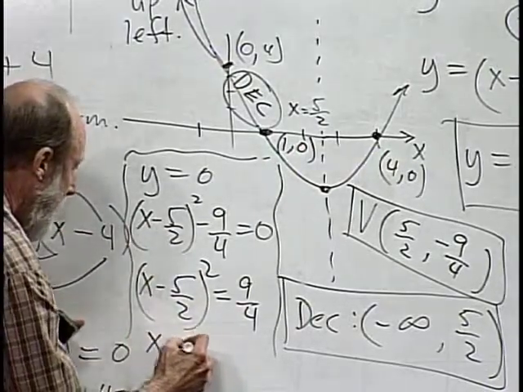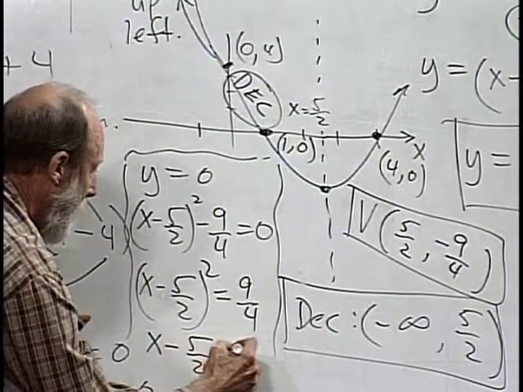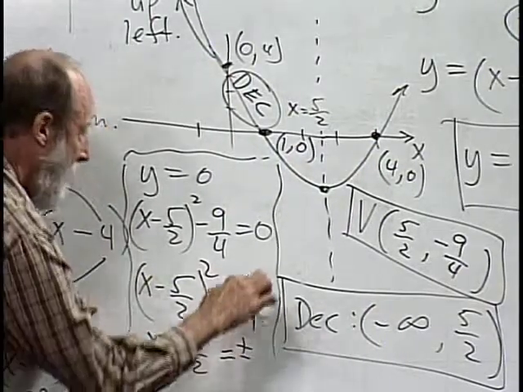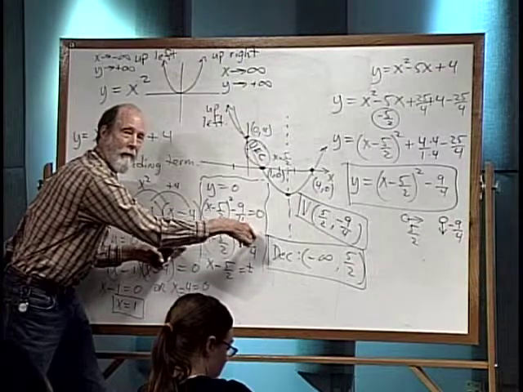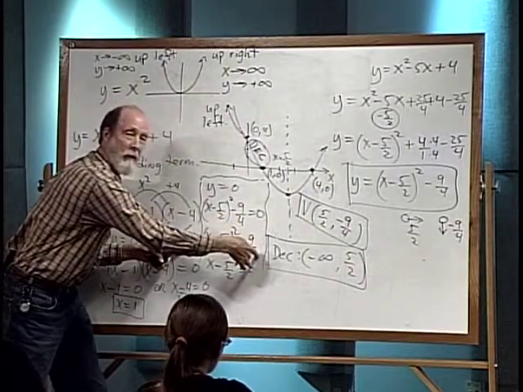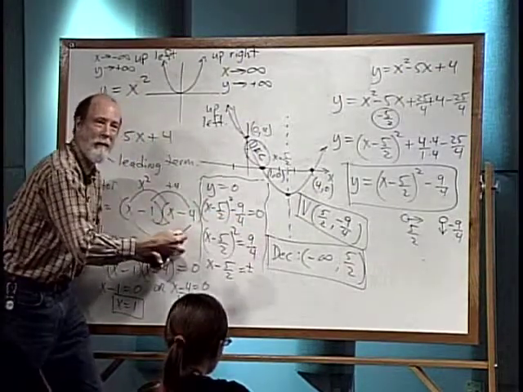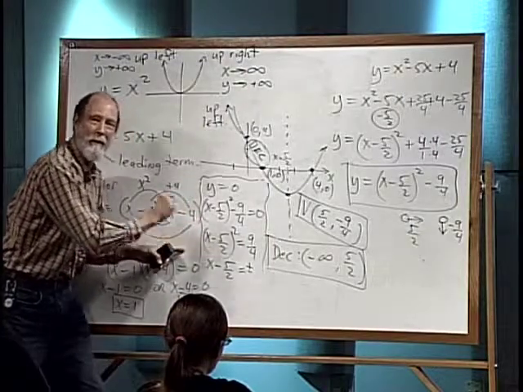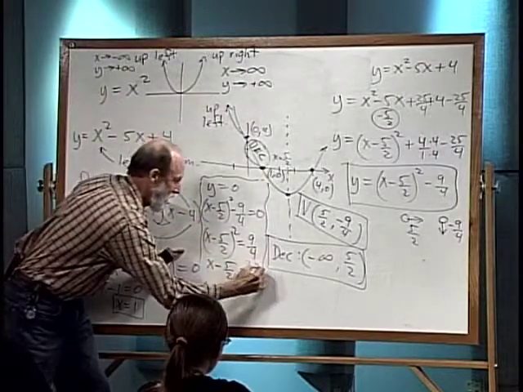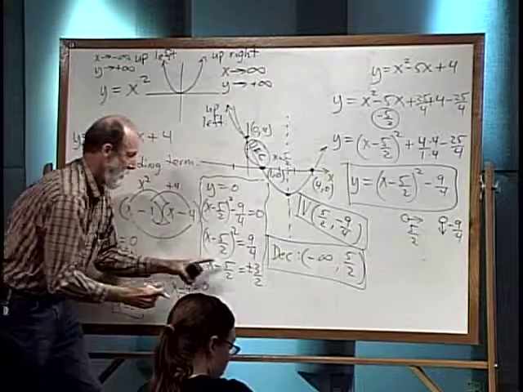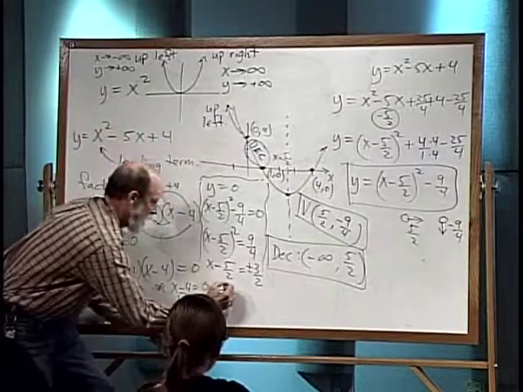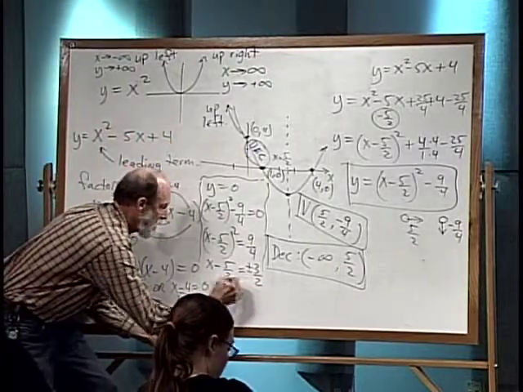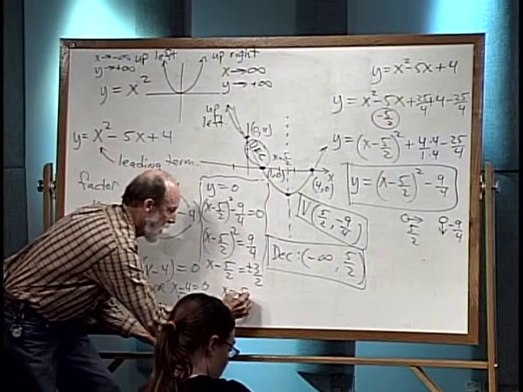So you get x minus 5/2 equals plus or minus square root of this, square root, not square, 3/2. And then you move the 5/2 over to the other side.